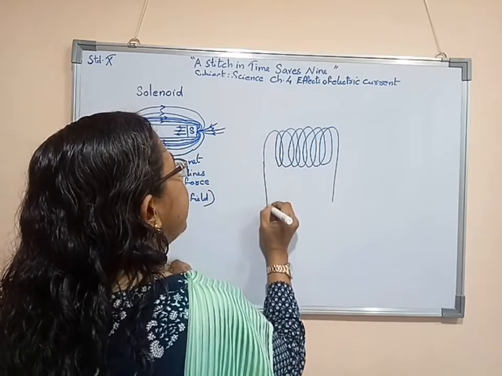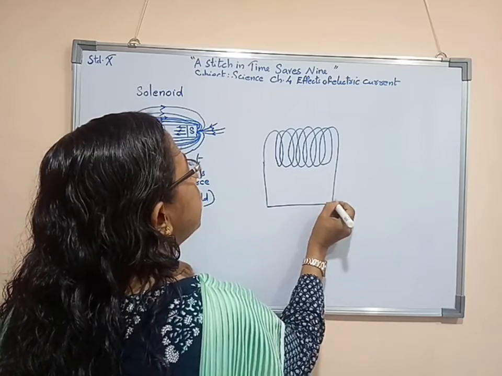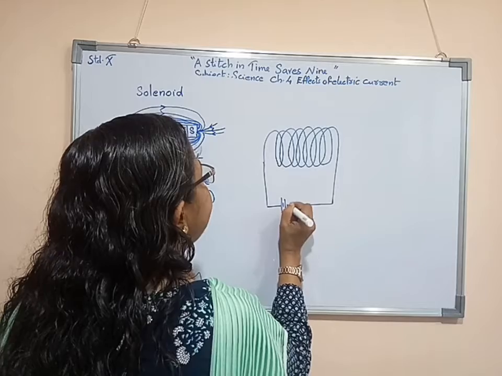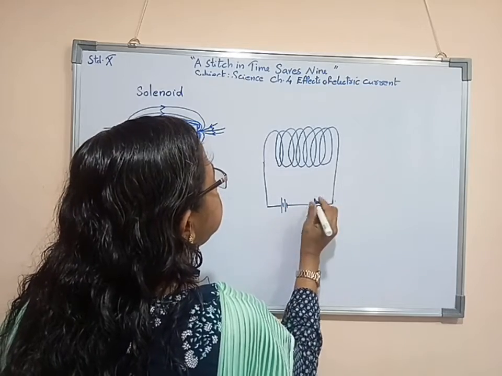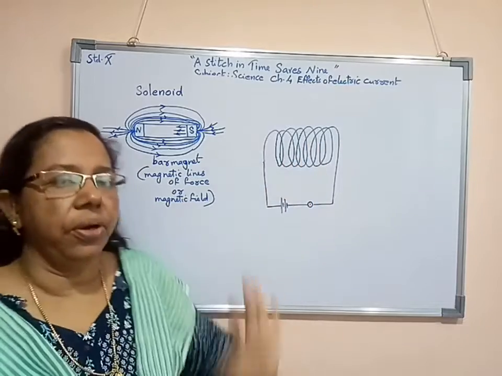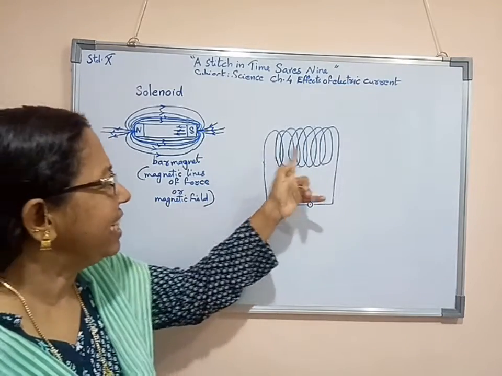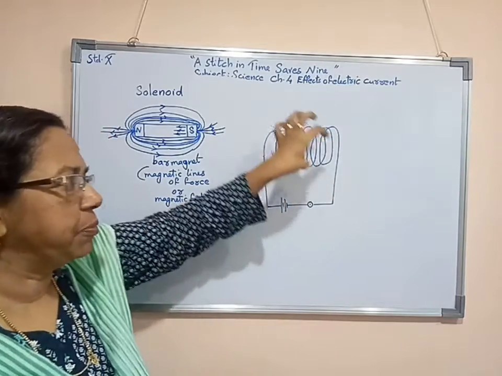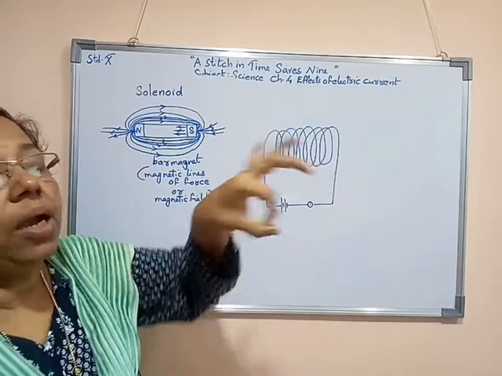Now two ends will be there that we have to connect to the cell as well as the key. This is the solenoid. The solenoid's inside part is not having anything. It is empty. Like a spring, the inside will be hollow.